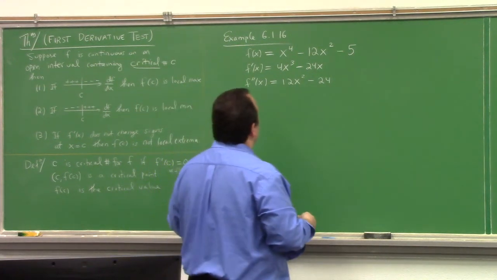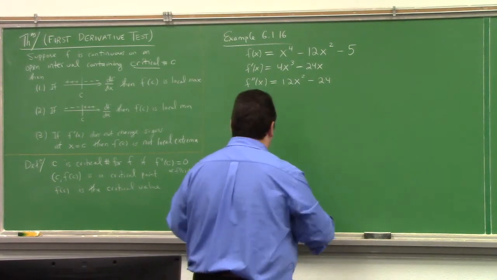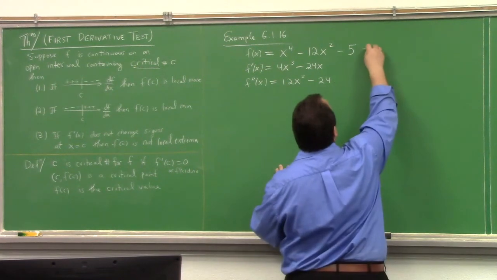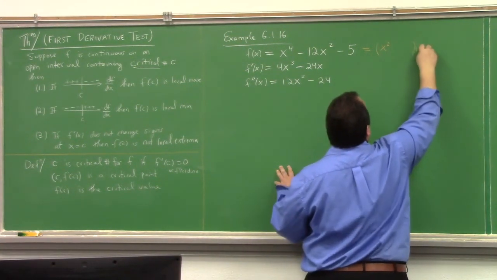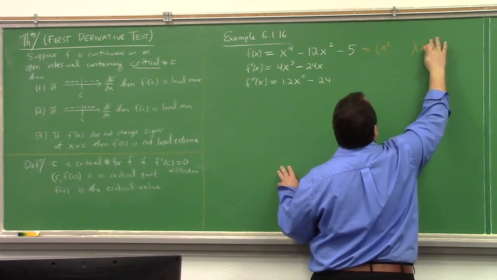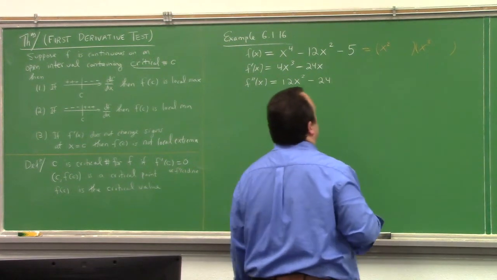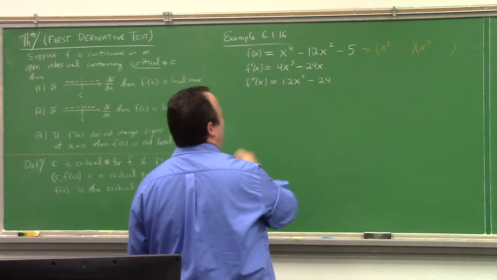Can you factor this function? I mean, maybe. I'm gonna give it a go, and then I'll give up pretty fast if we don't get anywhere. To get that 12, ooh.